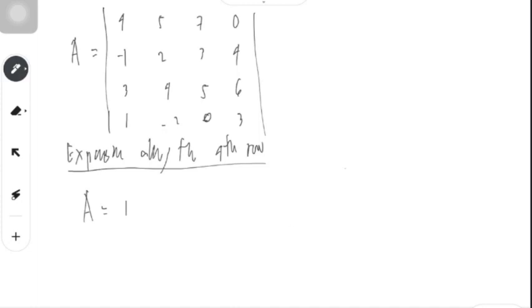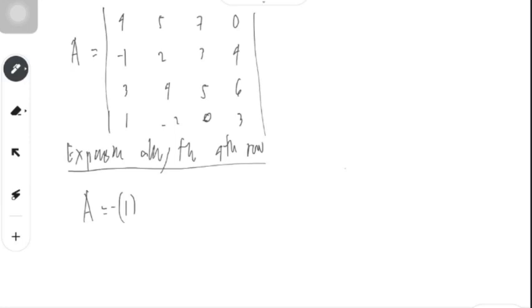So, ibig sabihin, the value of A will turn out to be 1 times, what is the cofactor? Is it positive or negative? Starting on the first element, going downward, you have positive, negative, positive, negative. Dapat ito negative. I hope you can find that.